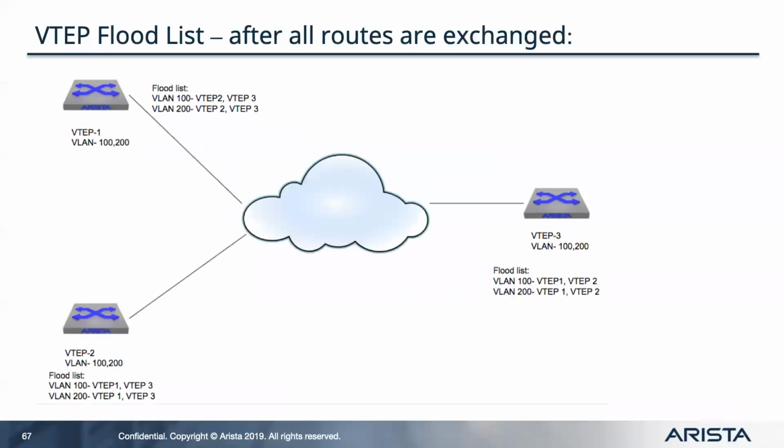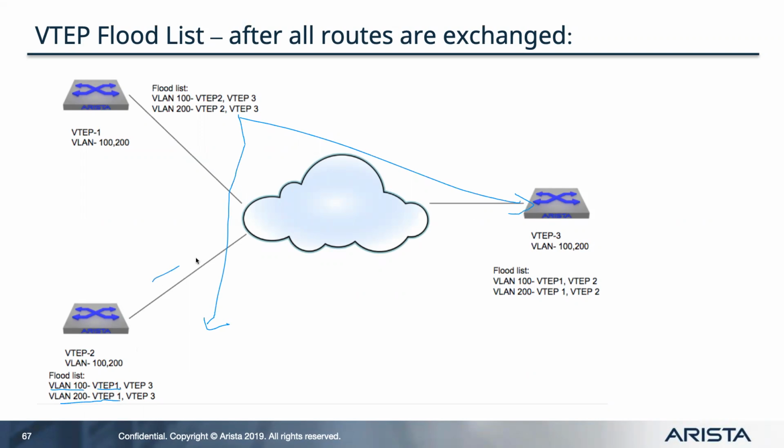What the other VTEPs will do is, based on the type 3 update, they will populate their flood list. For VLAN 100 and 200, they have received a route update from this VTEP, so they will update that VTEP 1 is in the flood list.